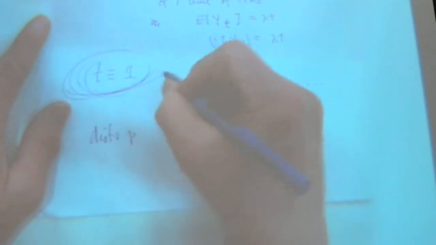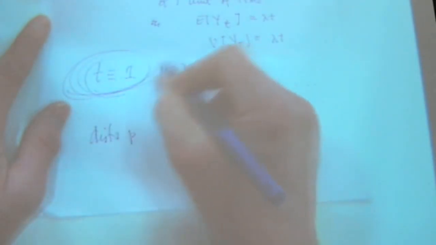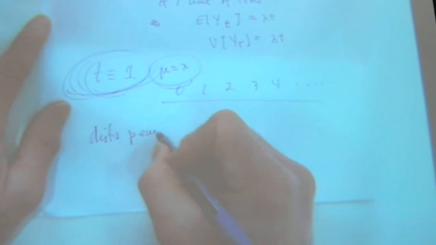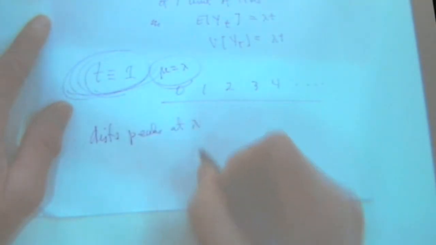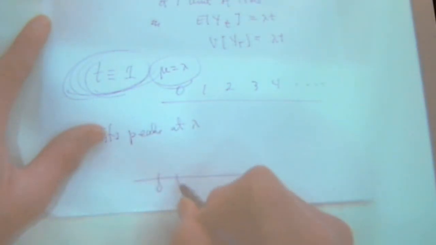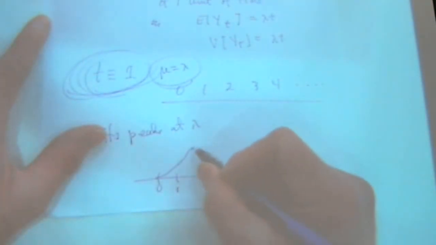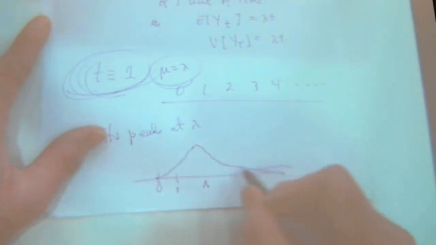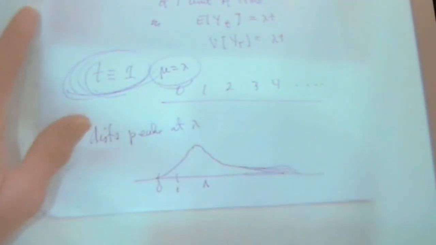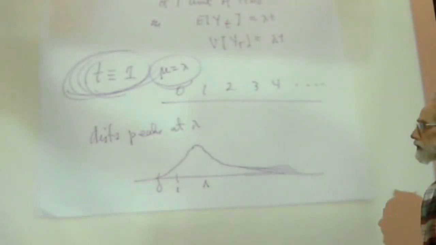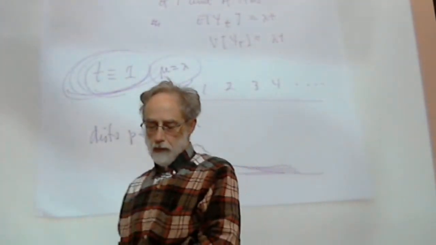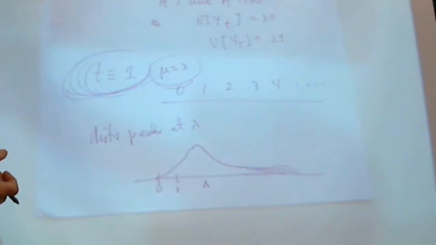T equal to 1 means lambda. So lambda's out here somewhere. That's where it peaks and then it goes down. So it always has a long tail. Poisson will come up a few times in this class.